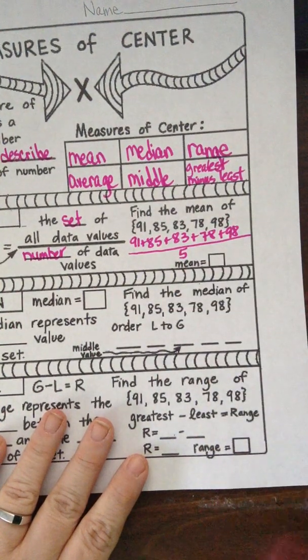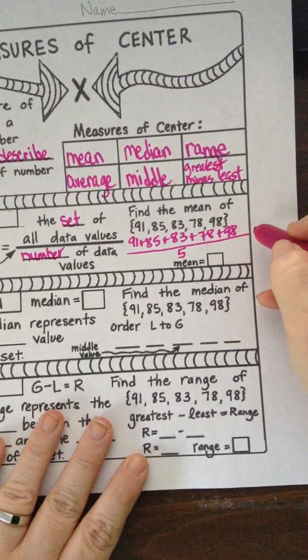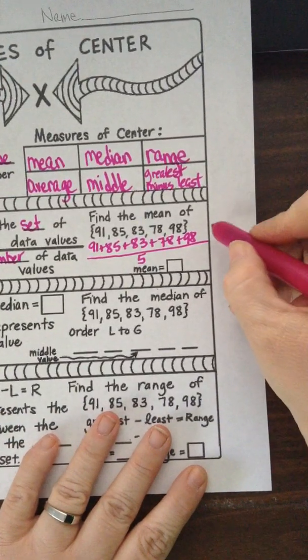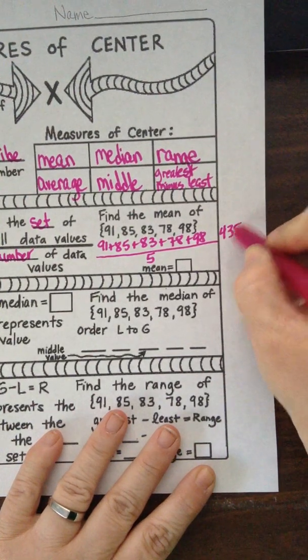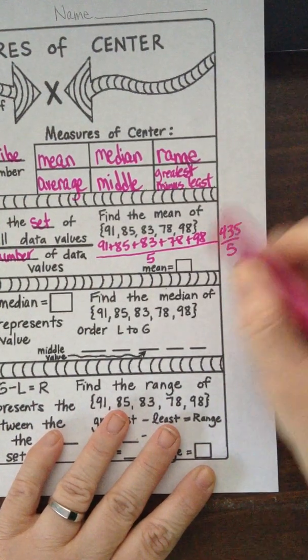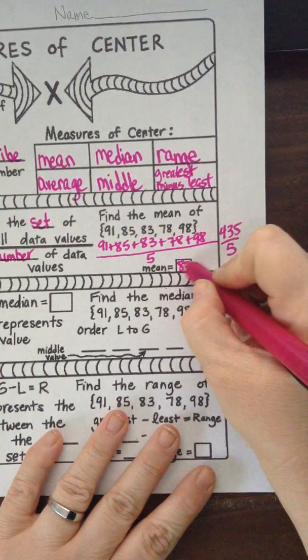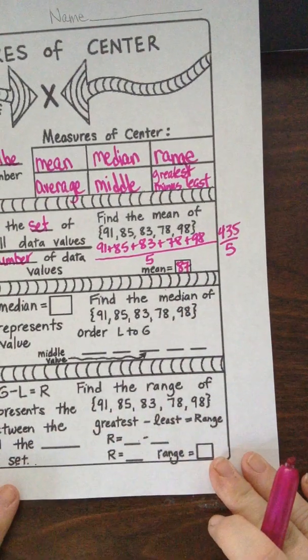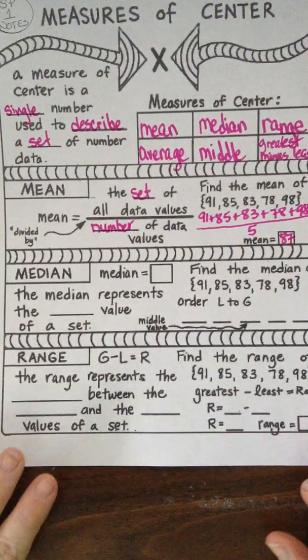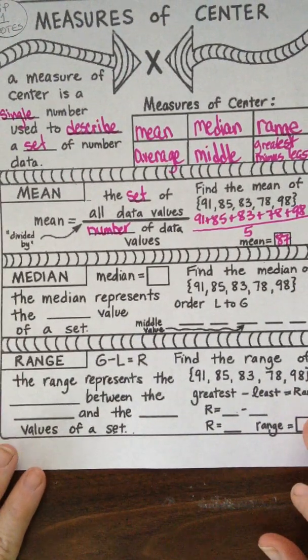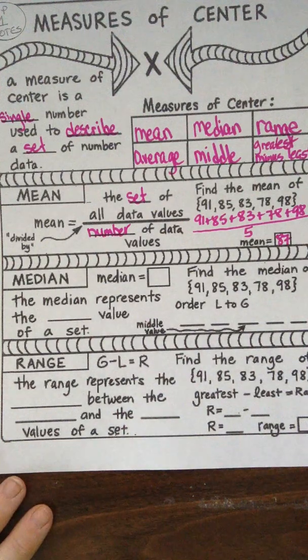So our mean is, I'm going to write over here on the side since I'm out of room, 435 divided by 5, and when you divide that, we get 87 is our mean. That is the average. That's how we find your grade, in case you were wondering. You add all your grades up and then divide by how many assignments, and that's how you get it.